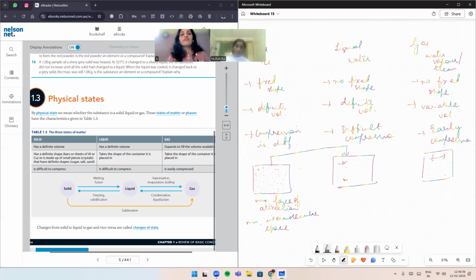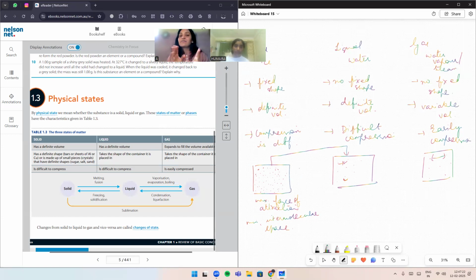For example, if I have 100 molecules, the energy of the 100 molecules will be added up to get the sum total, and that will be called your internal energy. Now I am heating. I am providing heat, and heat is a form of energy.